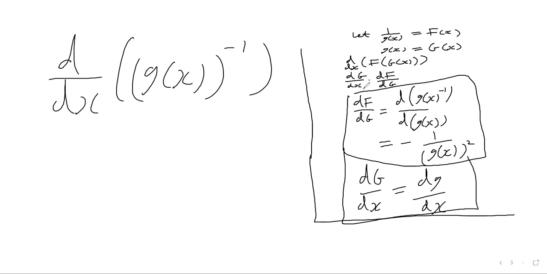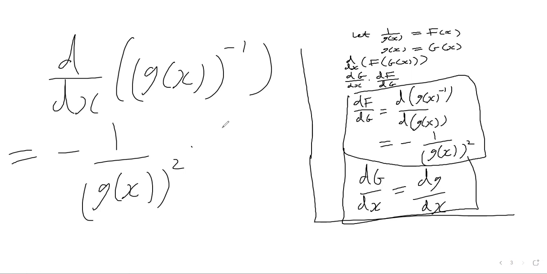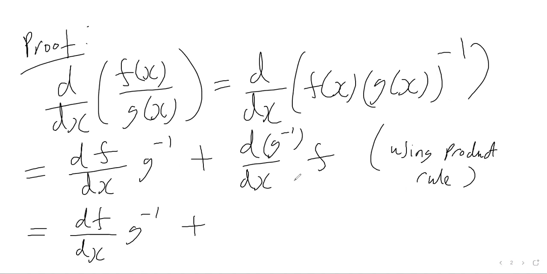And now using the chain rule, we just multiply these two results together. So the derivative with respect to x of g of x to the power of minus 1 is exactly the same as minus 1 over g of x all squared multiplied by dg by dx. The chain rule gets us that result there. So now we can go back to the previous slide.